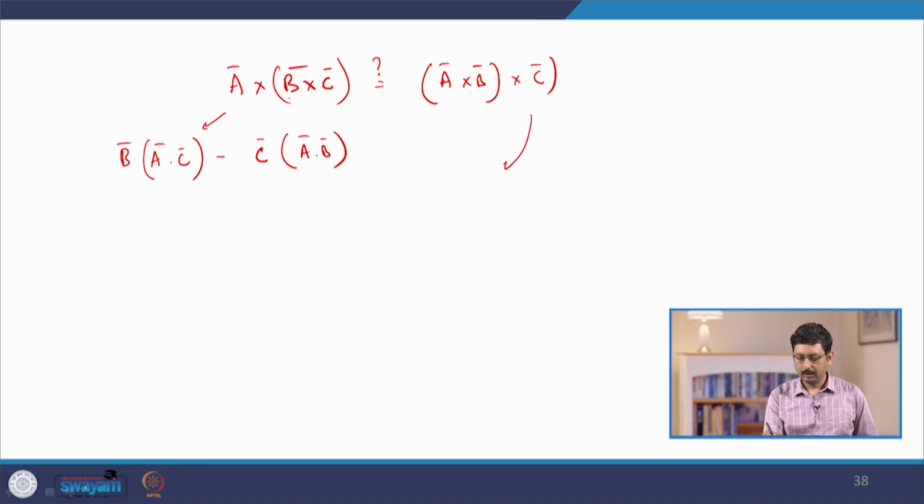So, now if I want to apply it here, first I have to write it in this particular form.